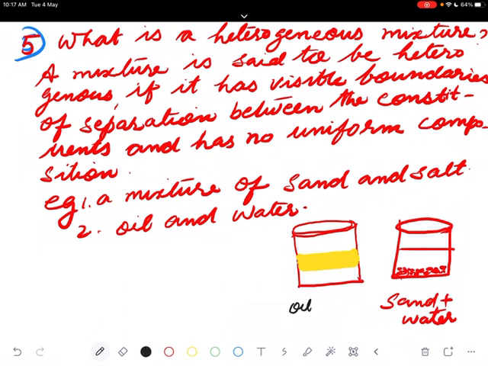This is oil and water, same phase, liquid phase only. Sand and water, different phases.